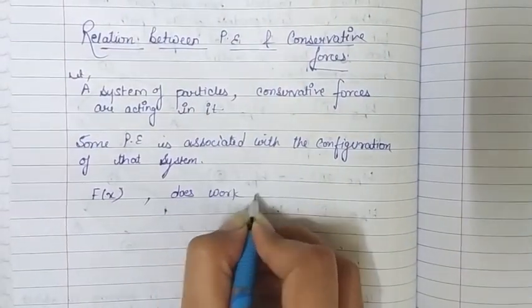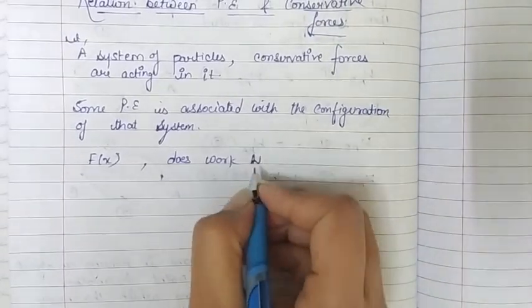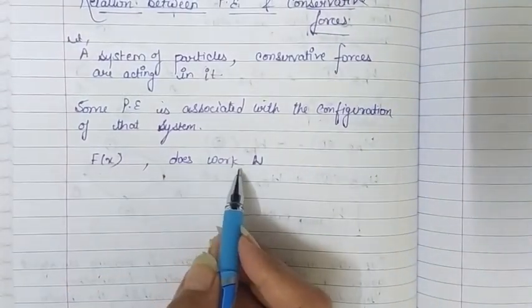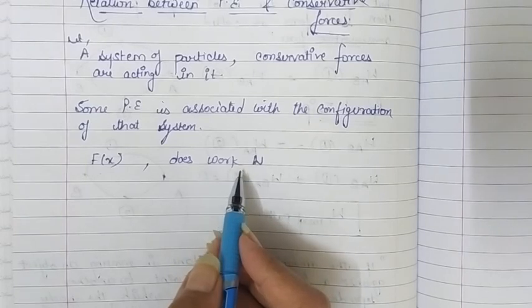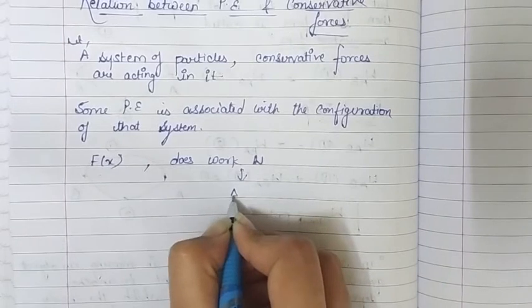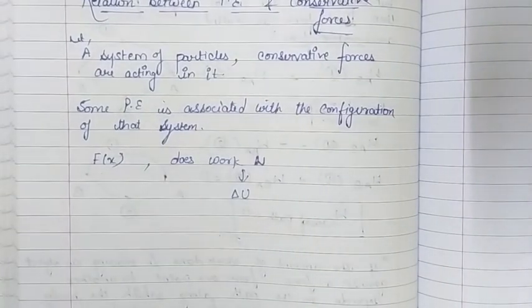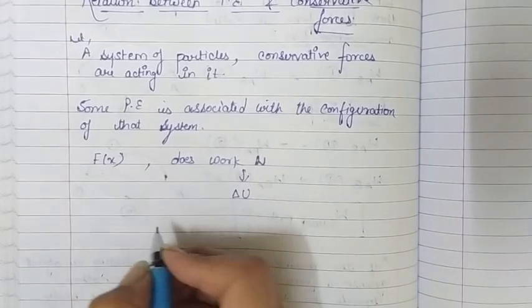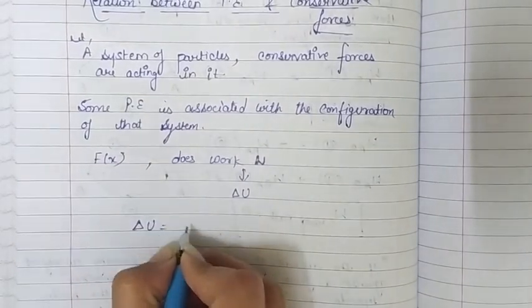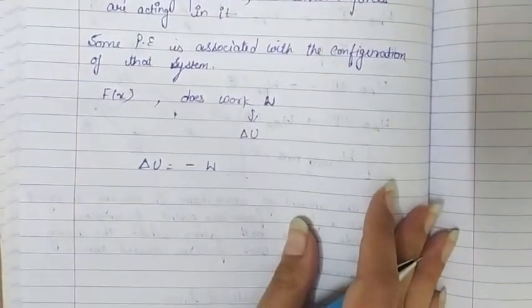This force does work W on a particle within the system, and because of that there is some change in potential energy, delta U. So this change in potential energy of the system is equal to the negative of the work done by the conservative forces. This is the relation.